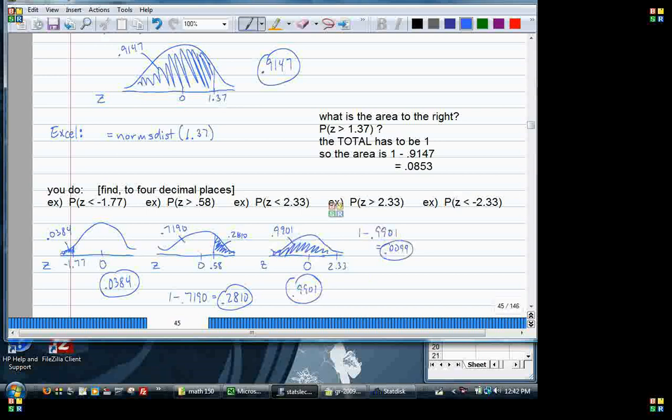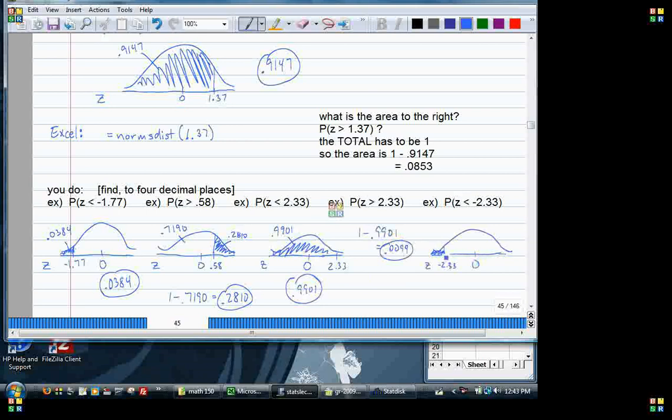Now, because it's the same picture. Now what about the last one? The probability that z is less than negative 2.33. So for z we label 0 in the middle and then negative 2.33. And it's less than, so we shade which way? To the left.